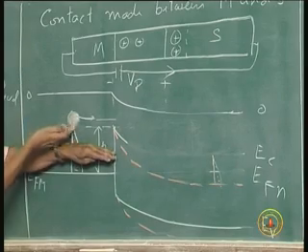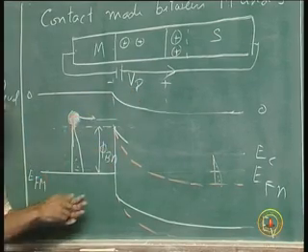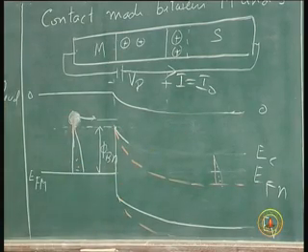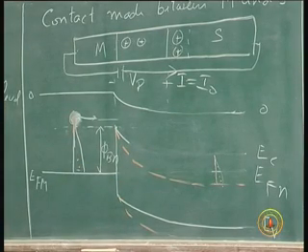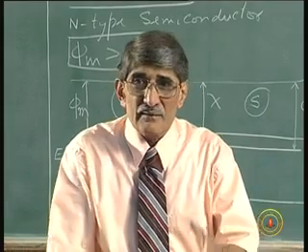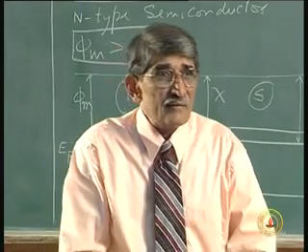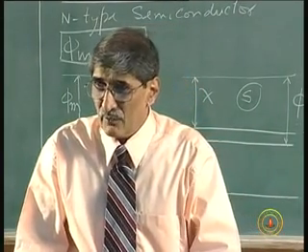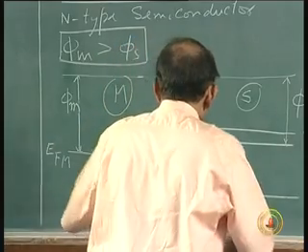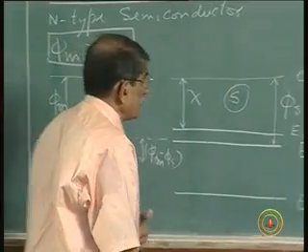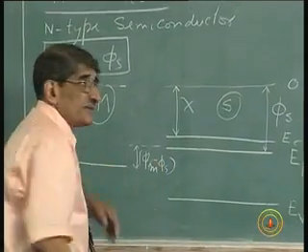So if the barrier is smaller, I naught will be more, this I is equal to I naught in this case, that will be more if the barrier is less. That means if the barrier is less, the reverse leakage current will be large. Smaller the barrier, larger will be the reverse leakage current. Larger the reverse leakage current, closer it will be to the ohmic contact. So the key is that. Now one more point that I want to point out is, what is this phi m minus phi s?